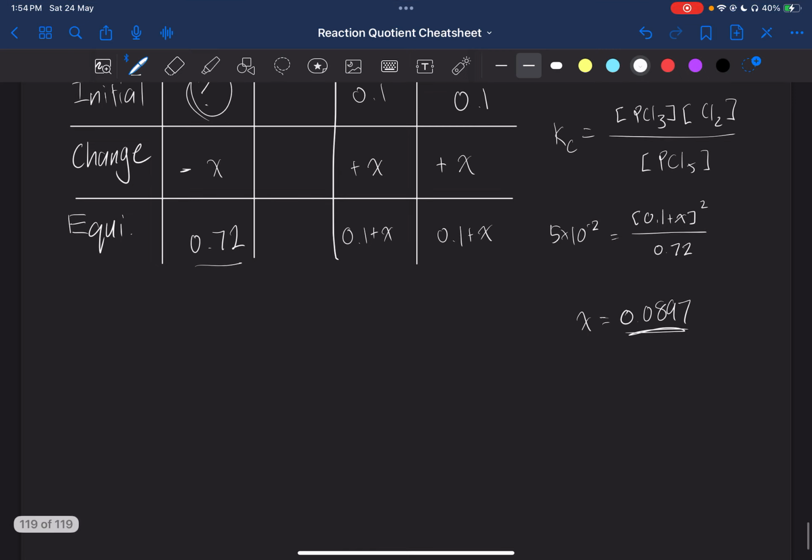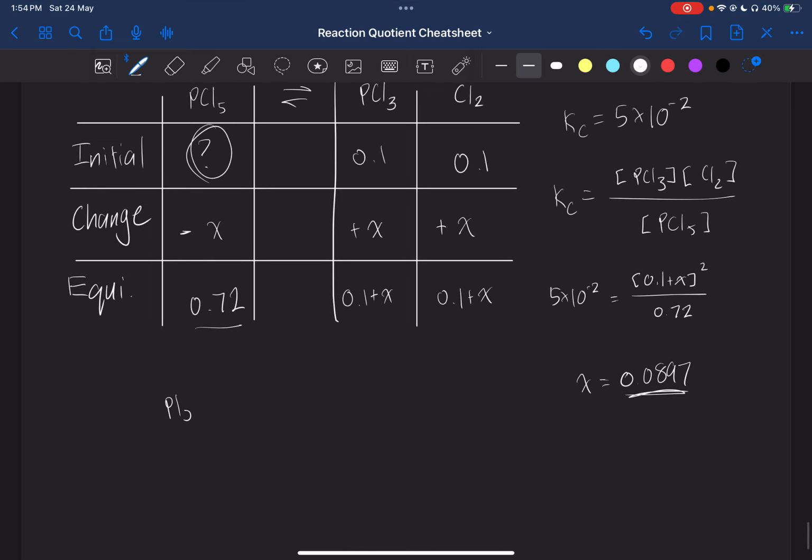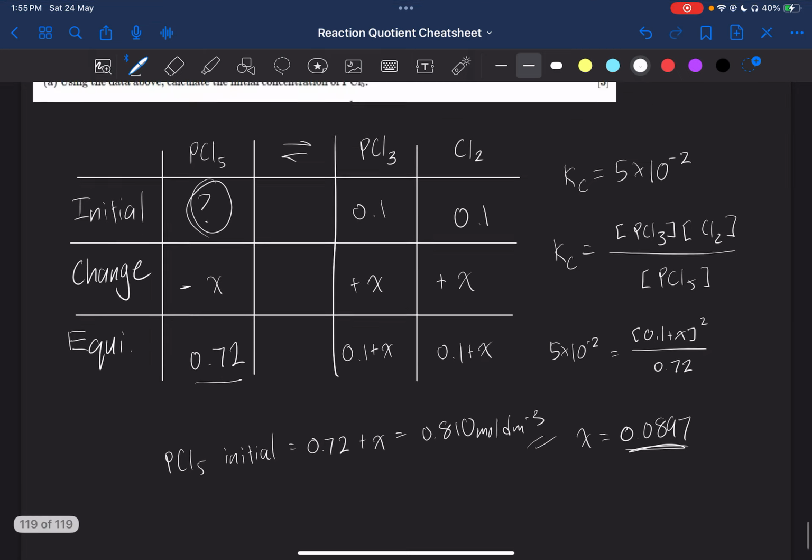It's simple, because PCl5 initial equals, since we have the equilibrium, 0.72 plus x, because we're just doing the opposite here. After doing the math, that is 0.810 mol dm^-3. So there you go, that's your answer.